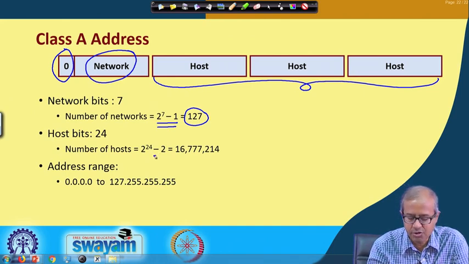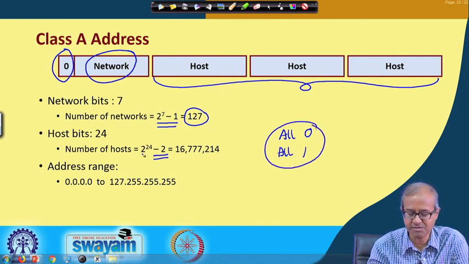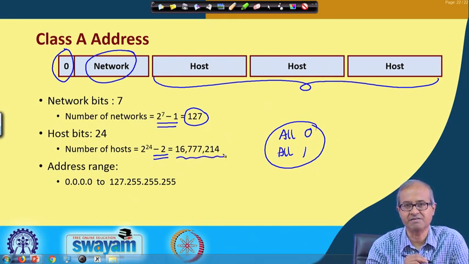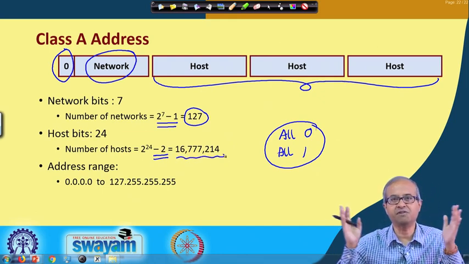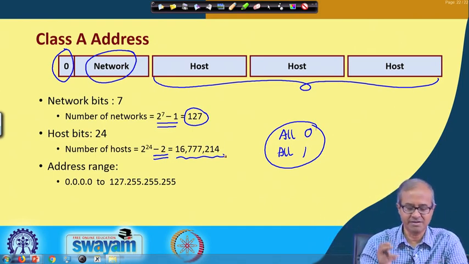Out of that, 2 combinations are used for some special purpose, the all 0 and all 1 combinations, which we will see later. So if you take away these 2, this becomes 2 to the 24 minus 2, which is of the order of 16 million. So, this is used for very large networks, up to 16 million computers in a single network.